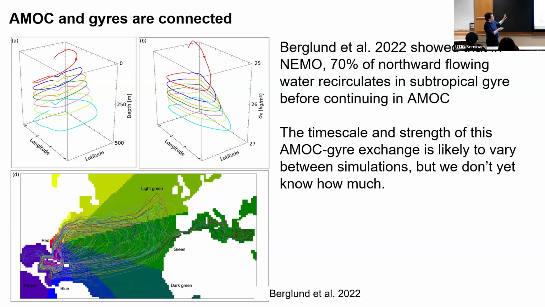She showed that in NEMO, 70% of the water that's flowing northward, and she looked at Lagrangian particles to see how they get from the equator to the pole as part of the AMOC, so northward flowing near the surface, has to go around in the gyre in order to get dense enough to continue northward into the North Atlantic. This shows that gyres are not completely separate, and it would be nice to have some ways to understand which part of the circulation is doing which job.